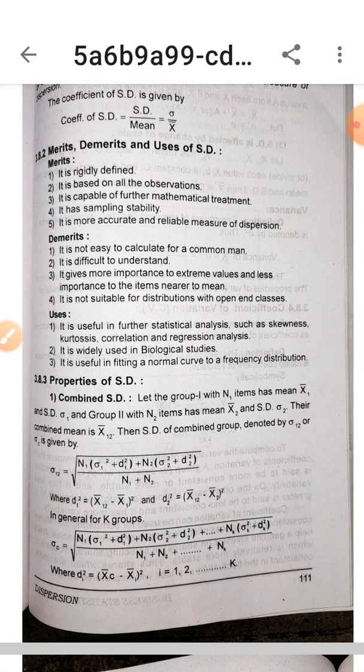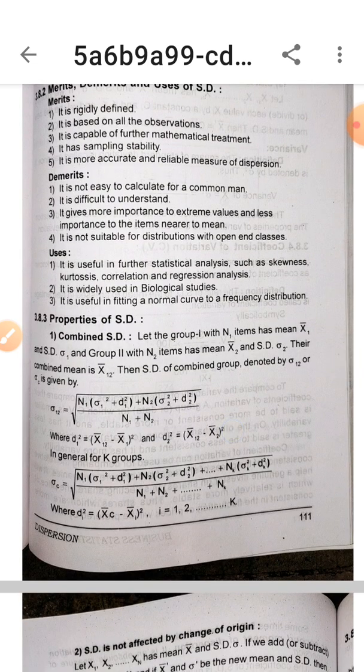Okay, likewise there are some properties of standard deviation, like the properties of mean which we already saw in unit number 2. The first property is combined SD. Let a first group with n1 items, that is n1 values, have mean x bar 1 and standard deviation sigma 1.